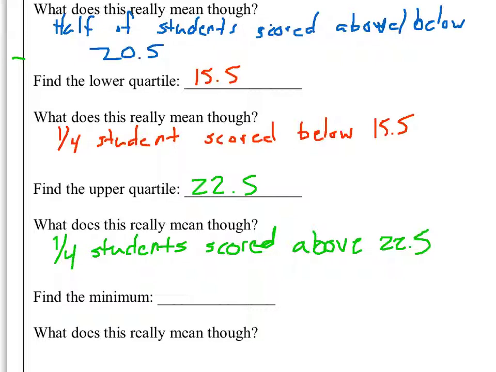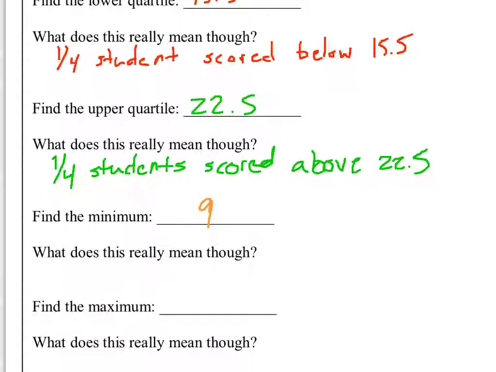That's the minimum? Smallest number is 22.5? 9. 9. And maximum, Gene? You should have your numbers in order from least to greatest, so you should be able to look at the end.